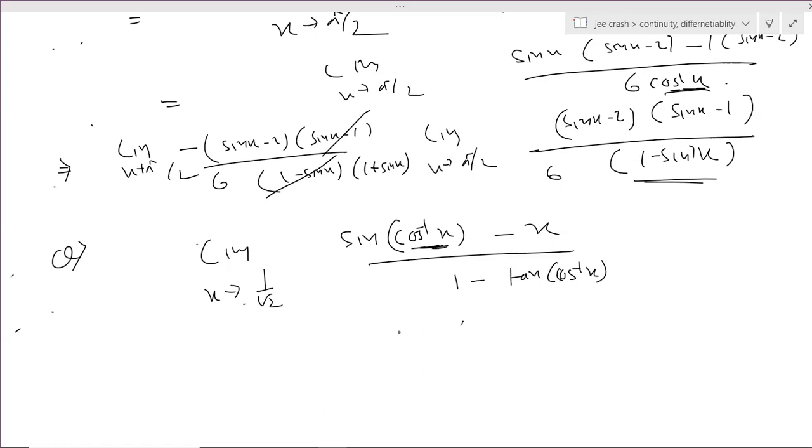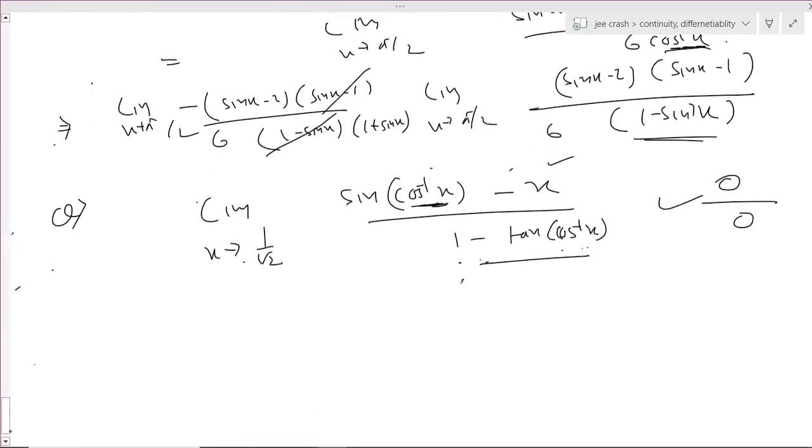So if this is 1 by root 2, cos inverse is pi by 4, sine pi by 4 is 1 by root 2. 1 by root 2 minus 1 by root 2 is 0. And 1 minus tan pi by 4, so 1 minus 1 is also 0. So we are seeing 0 by 0 form, right? Yes, sir. So you can use L'Hopital rule here also if you want. But as you can see, you have to differentiate this, then this, then this.